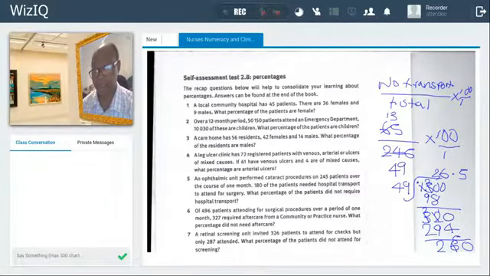And 49 into 150. Let's see, 2 is 98, 3 is 147. 3 times 9, 27. 3 times 4, 12. 12 plus 2, 14. So it's going to be 147.